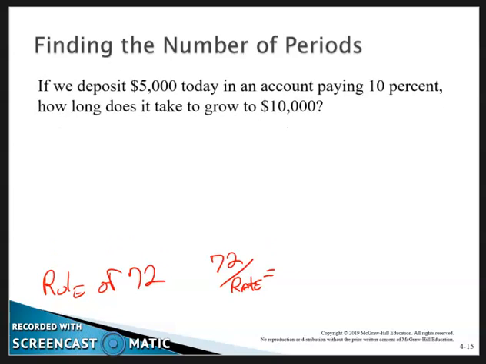Example here: we deposit $5,000 today in an account paying 10%. How long will it take it to grow to $10,000? So what we're asking is setting $10,000 equal to 5,000 times 1.1 to the t power.